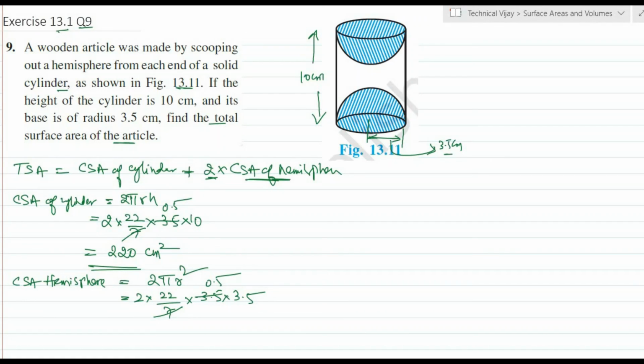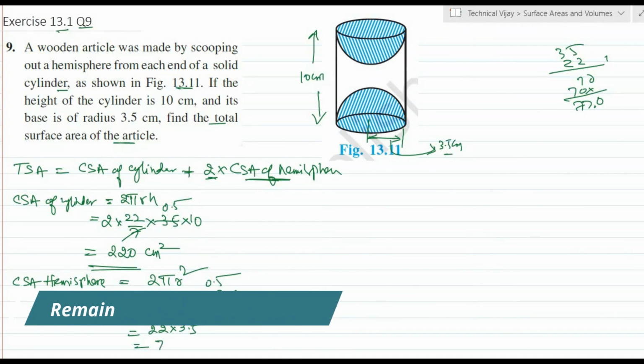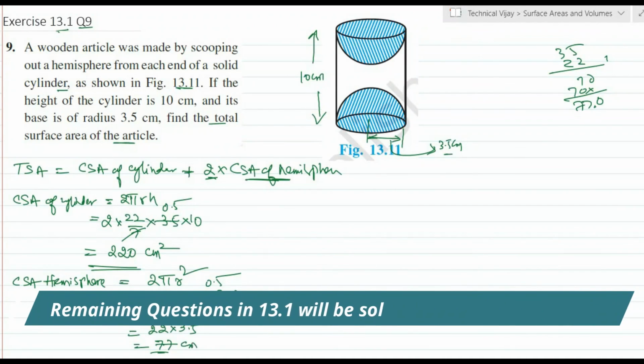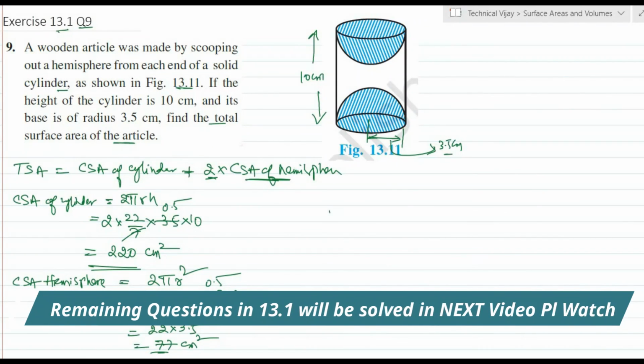So 0.5 into 2 is equal to 1. 1 into 22, so 22 into 3.5. 2 5s are 10, 2 3s are 6 and 7, so 77. So this is equal to 77 square centimeter.